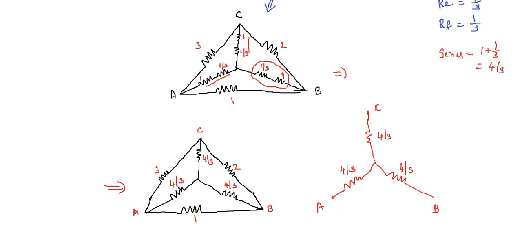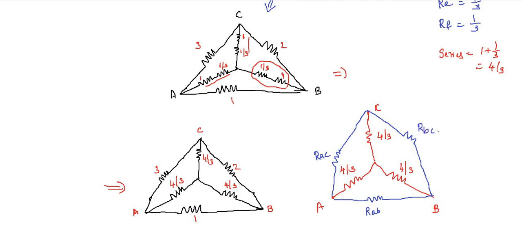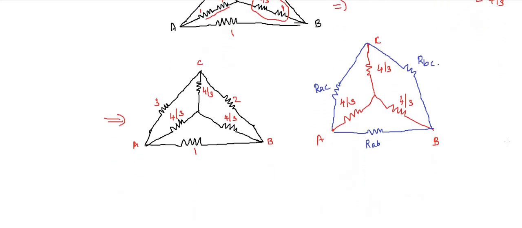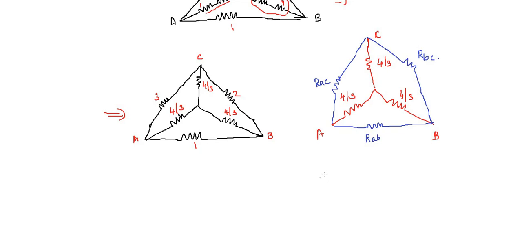So let us name the resistances of the delta connected network. Let it be RAB, RAC and RBC. Now we can write the equations.